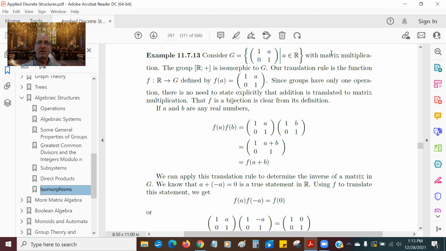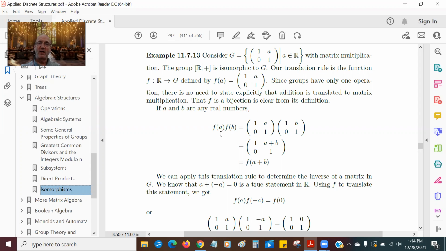If A and B are real numbers, F is going from R to G. So F is going from the real numbers to this matrix group.